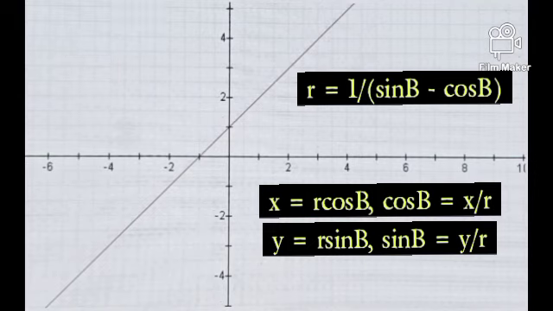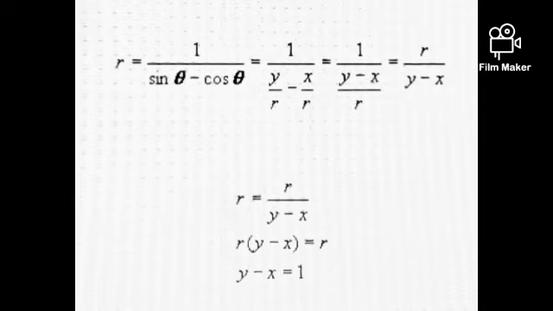The polar equation of the line earlier is given by r equals 1 over sine theta minus cosine theta. And we now replace sine theta with y over r and cosine theta with x over r. In the denominator, we have y over r minus x over r, and the common denominator is r.